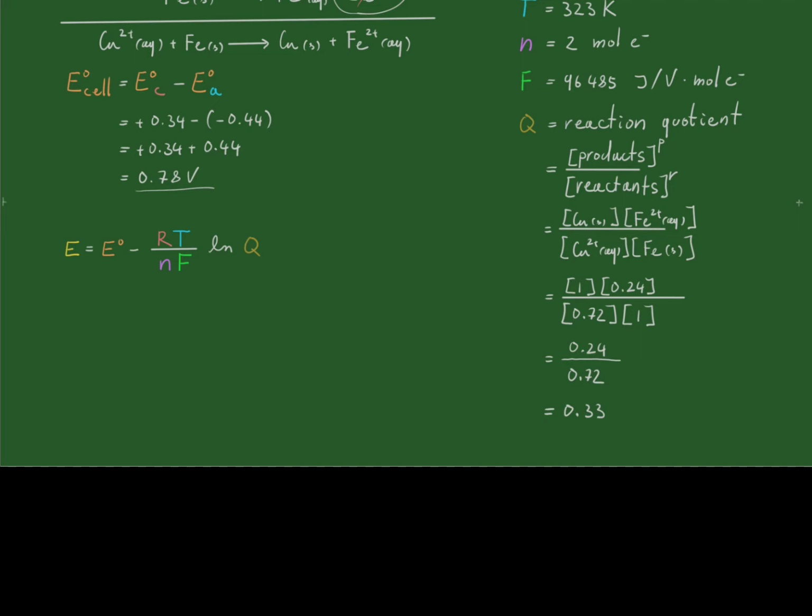All right, so now we have all of the things that we need for our Nernst equation, and it's just a matter of plugging in those values, and I'll do it now here on the left-hand side.